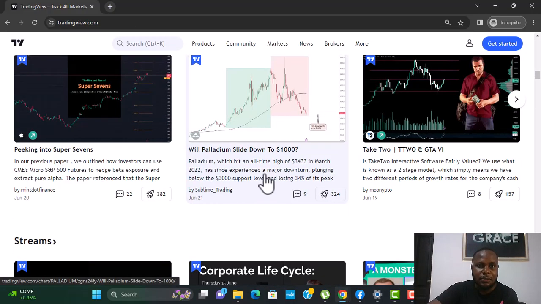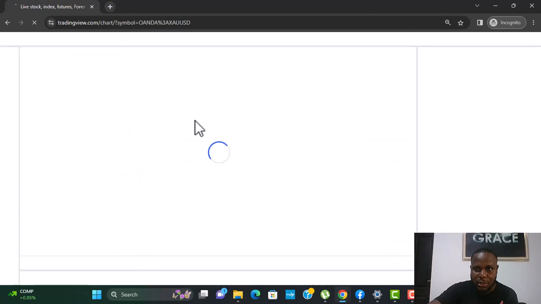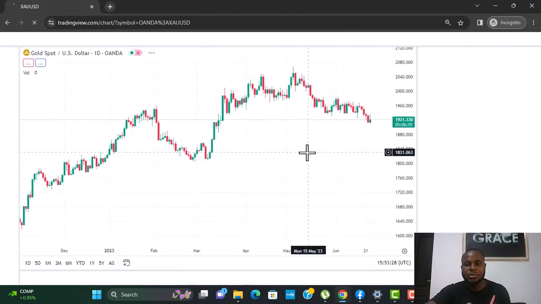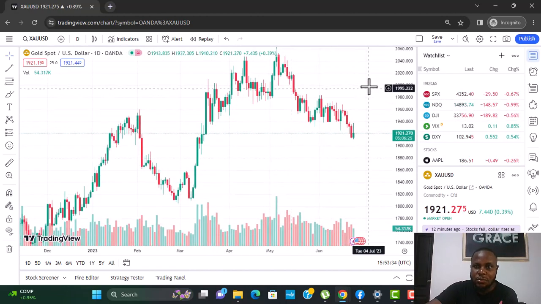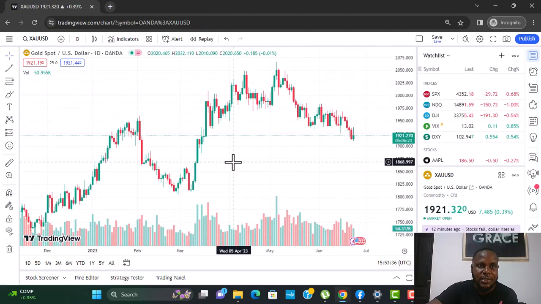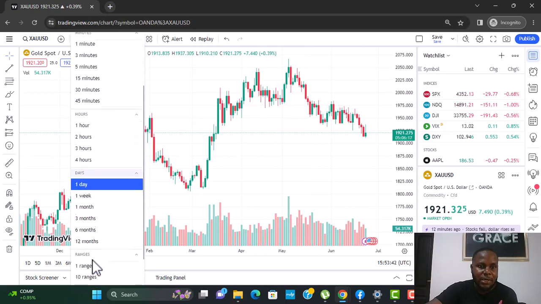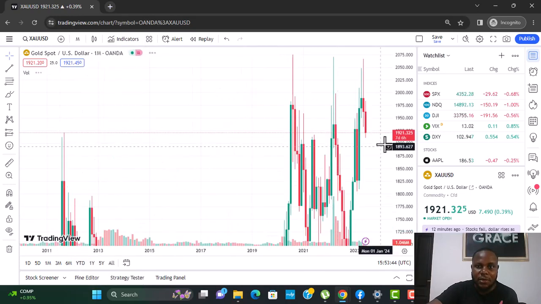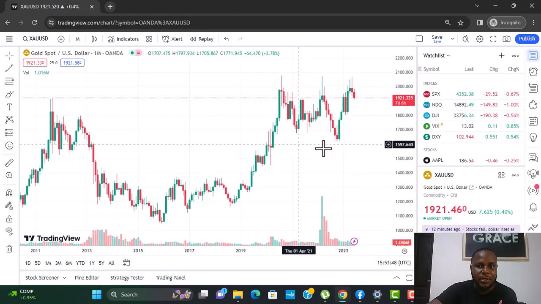So basically, let's say for instance I go to gold. I can see that I'm not logged in, so it should be red and green instead of all black. So you see, this is how the charts will look when you initially start. When you log into TradingView, the charts are usually unmarked. There's basically no analysis done, so you just see a bunch of candles moving.